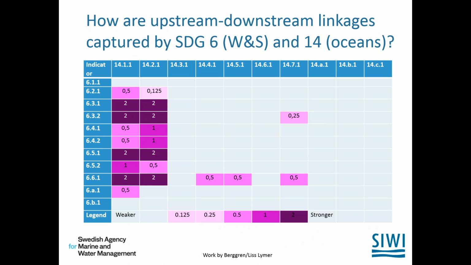But how are global policy frameworks reflecting upon such linkages? The commitments made already 2-3 decades ago in Agenda 21, the CBD, the Climate Convention, and of course very relevant to source-to-sea linkages, the Global Program of Action for the Protection of the Marine Environment from Land-Based Activities, the GPA.